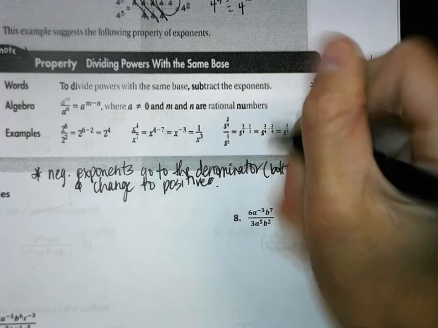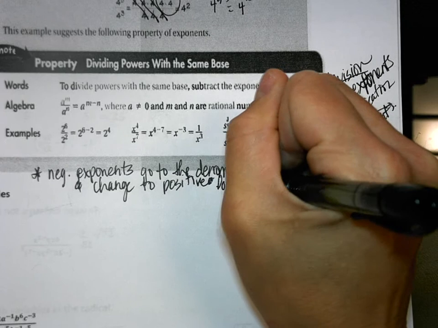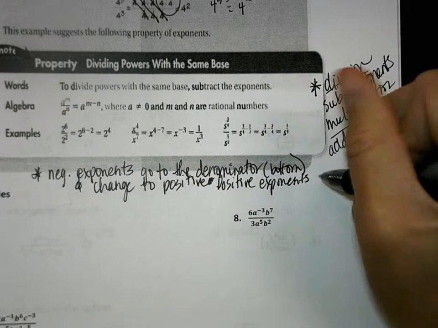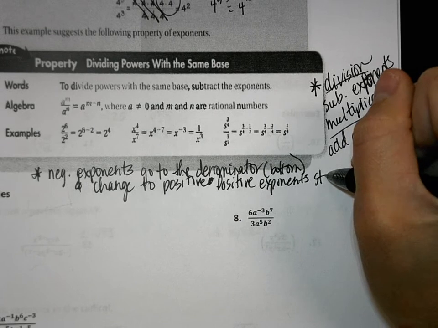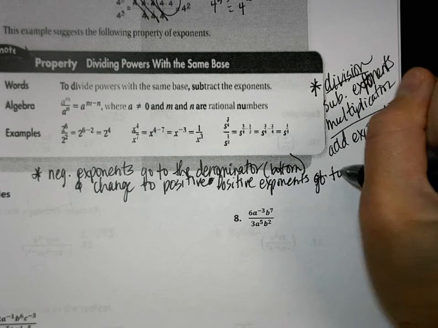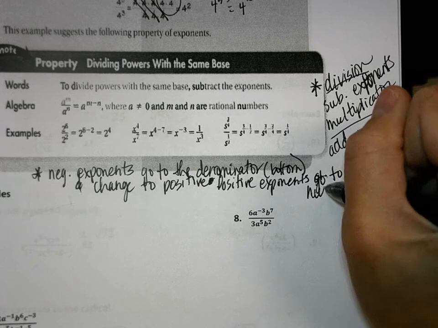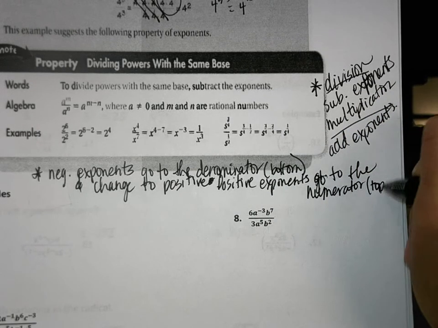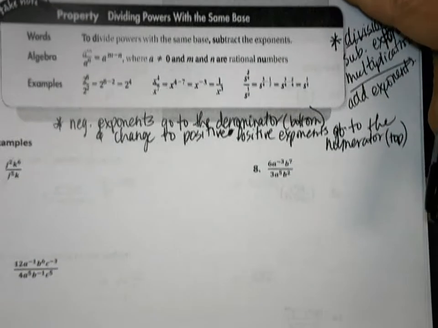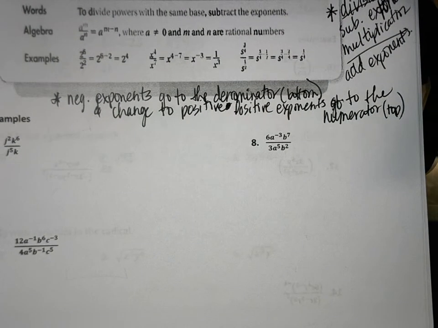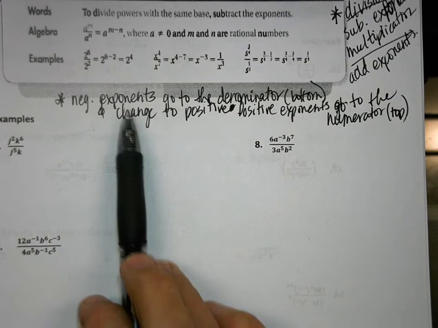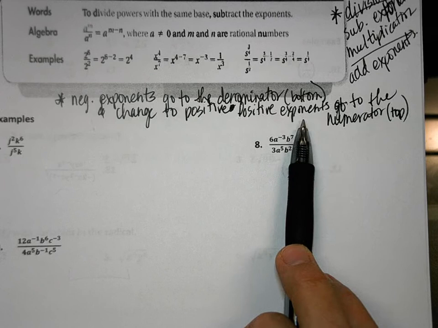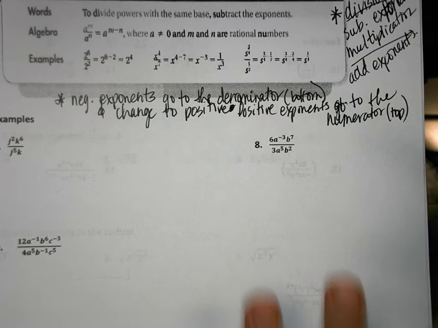Positive exponents I'm going to put go to the numerator, which is the top. So again, negative exponents go to the denominator, bottom, and change to positive. Positive exponents go to the numerator, top, and they stay positive.